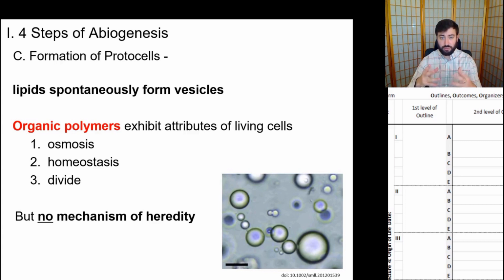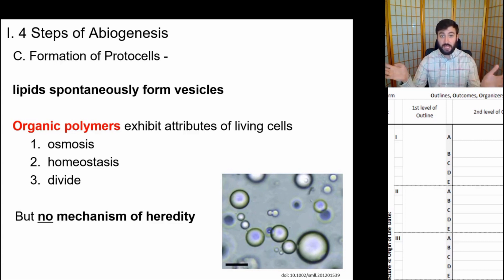These structures, or protocells, behave a lot like a living cell. They do things like osmosis, which is exchanging water across this vesicle that's formed from the lipids. They can do some regulation of homeostasis, where they try to maintain an environment that's different inside than it is outside, an environment that's more conducive to their life.